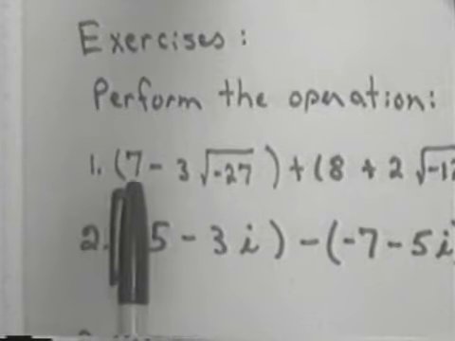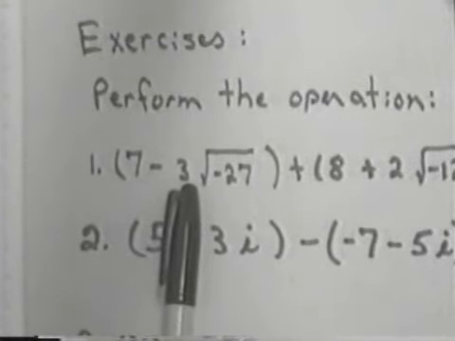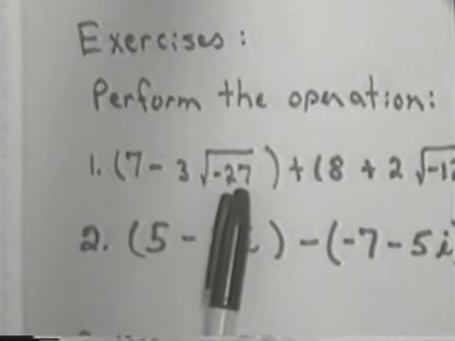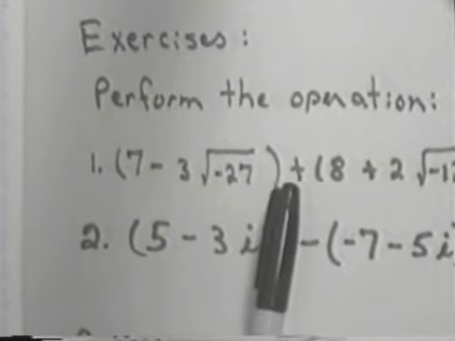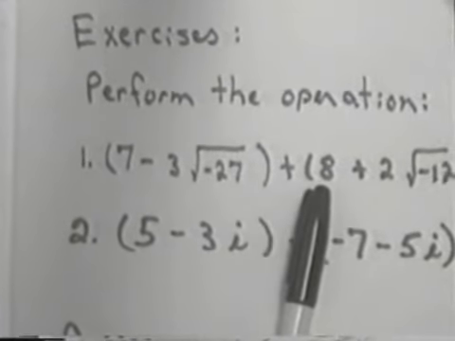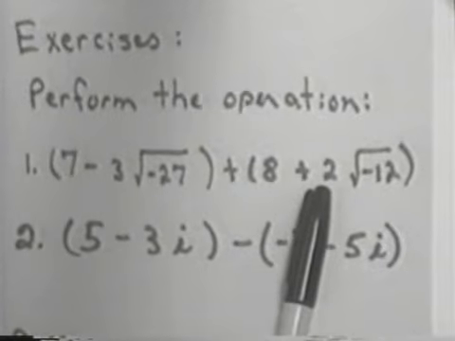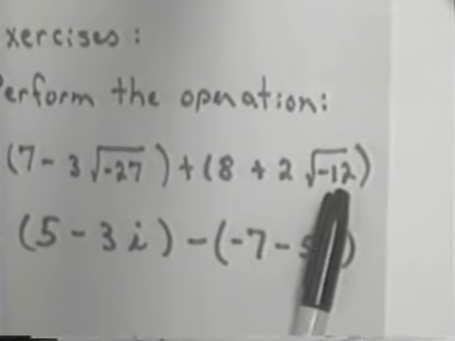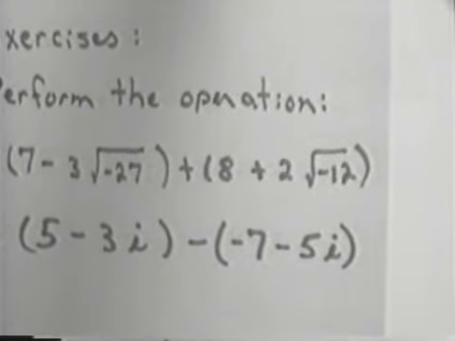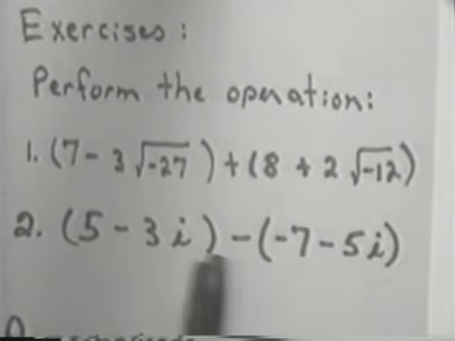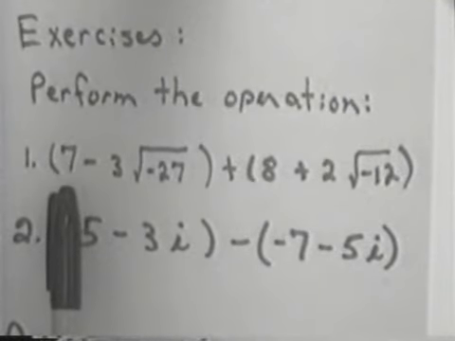The first one, 7 subtract 3 times the square root of -27 plus 8 plus 2 times the square root of -12. So you're adding the two complex numbers.